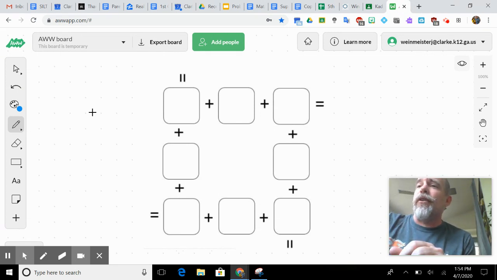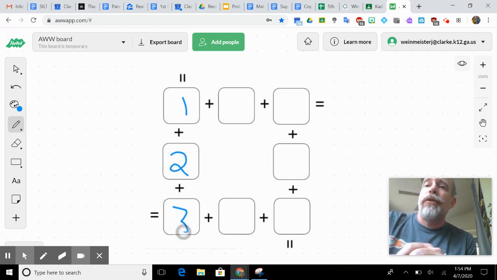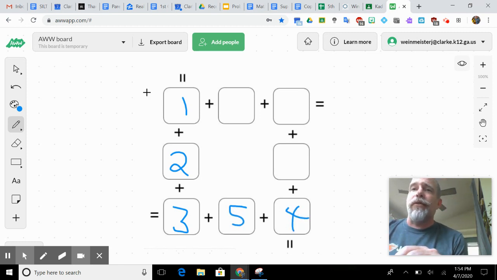You can line up your cards in the square here. If I'm just going at random, I might try 1, 2, 3, 5, 4. So I'm going to check this. My 1, 2, and 3: 1 plus 2 is 3, plus 3 is 6.